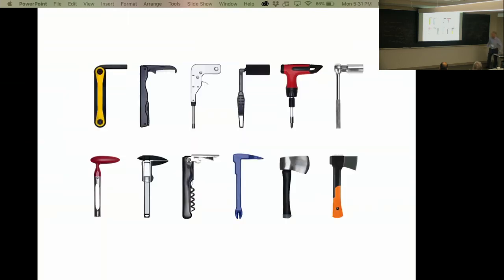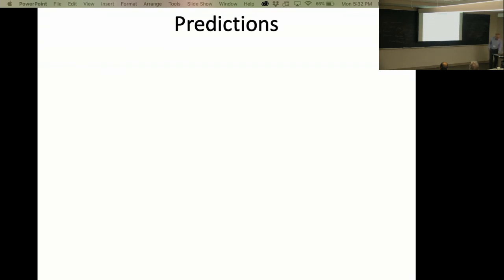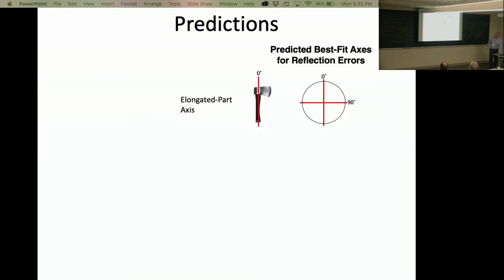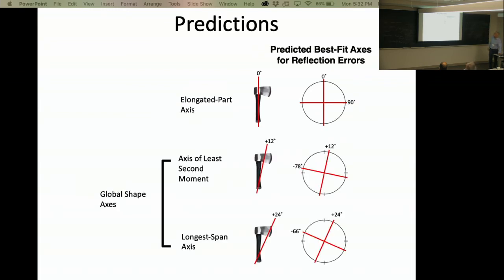All right, the interesting question though is what happens if we use more complex objects. So we took a bunch of objects with something protruding from the top of the elongated part. And what do we expect to see? Well, if the principal axis of the object was defined to coincide with the elongated part, we expected the axes to cluster at 0 and 90 degrees. 0 degrees simply because we defined the normalized orientation to coincide with the elongated part.